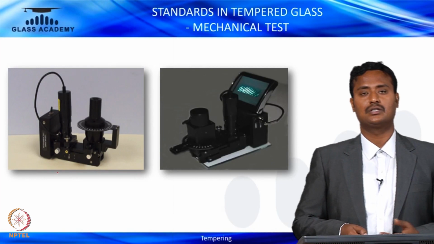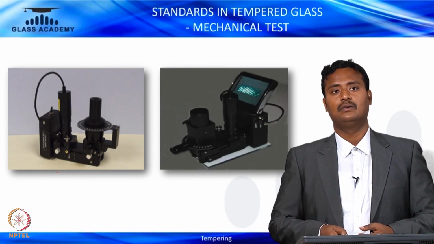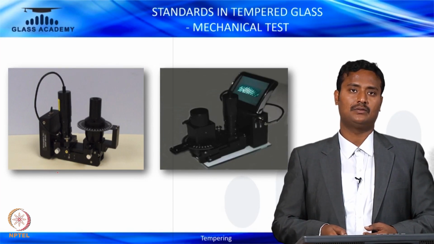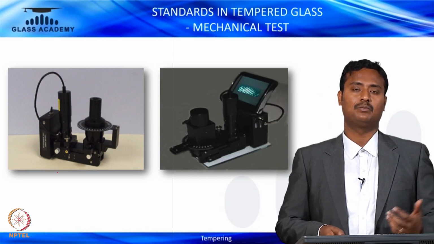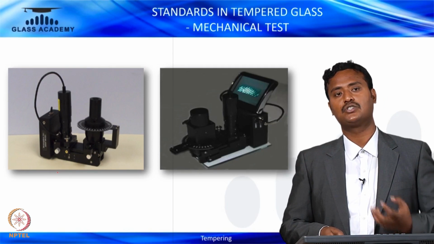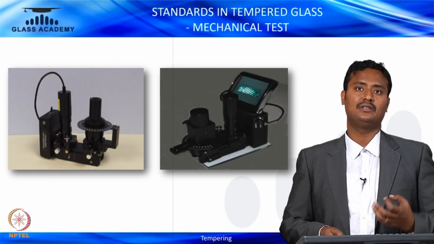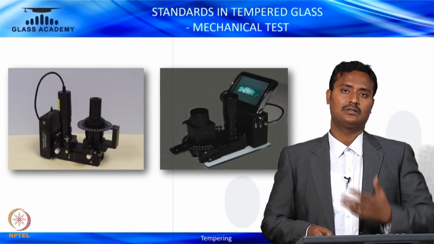And this is the most widely used instrument in the processing industry, called the glazing angle surface polarimeter, which helps us see how much strain has been induced in the glass. This is the stress pattern.